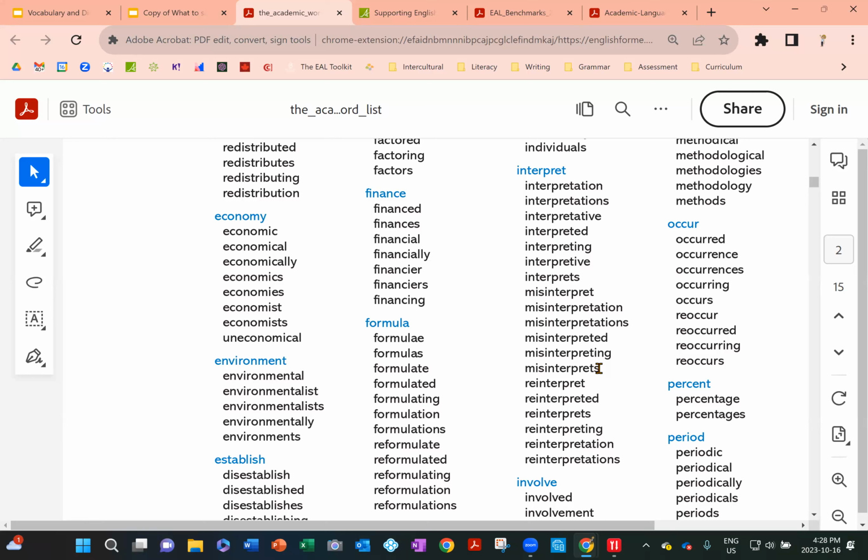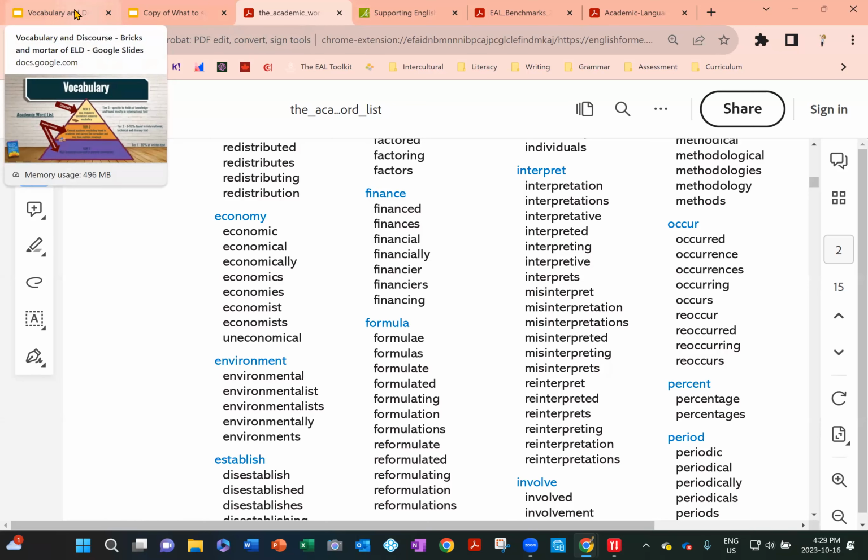So when I shared with him that adding the ist on to the end of a word, like you have an artist, you have a psychologist, you have an activist, he was like, oh, okay, that makes sense. Now I understand, when I'm seeing that word, I know that it's a noun, it's a person. So just bringing some of those things to light for our students is a big benefit.